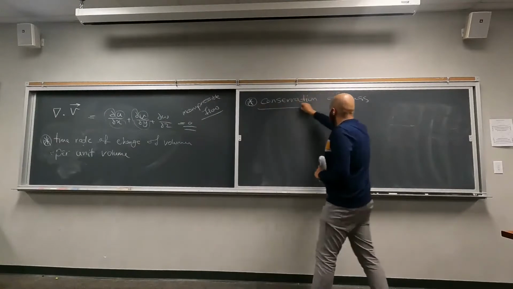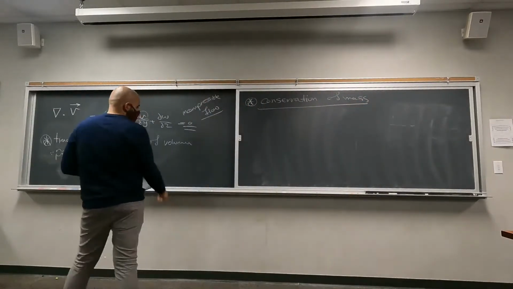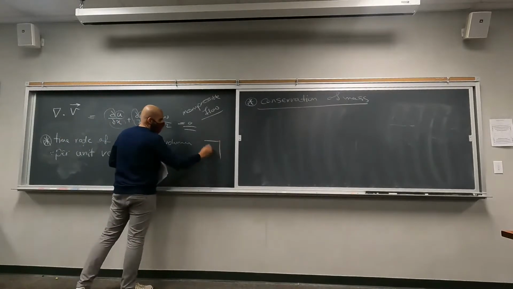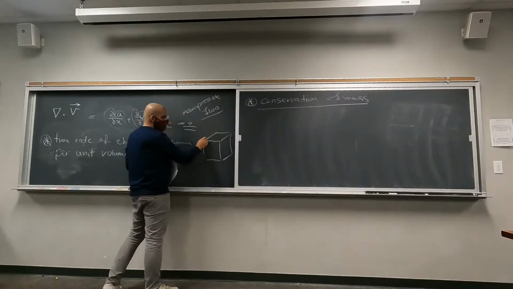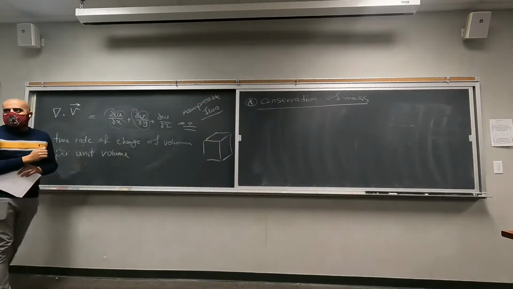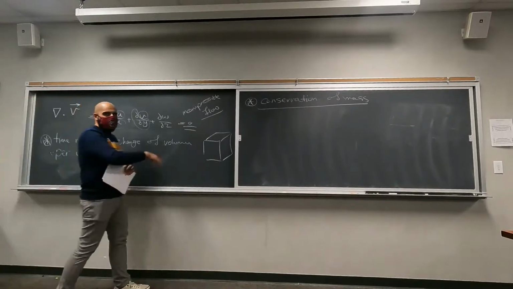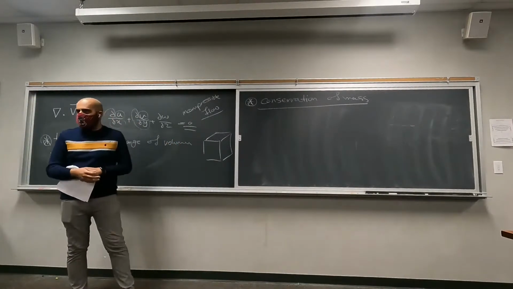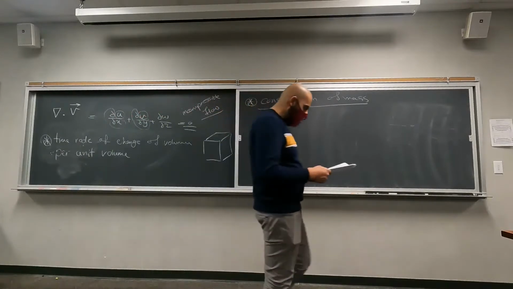What does conservation of mass mean for an arbitrary fluid element inside your fluid? It essentially means that whatever is going in any direction has to come out in another direction, right? Pretty simple.